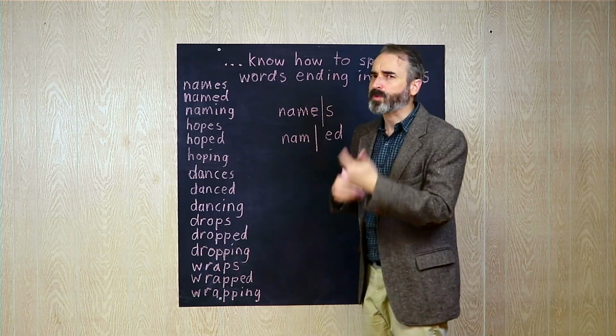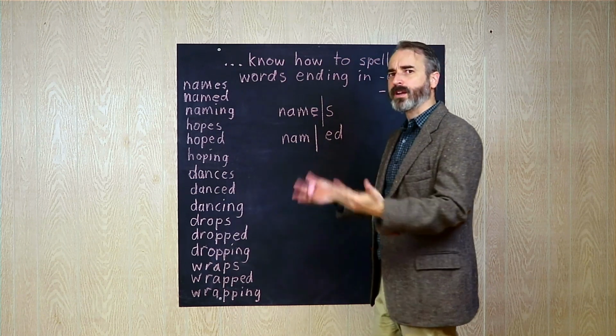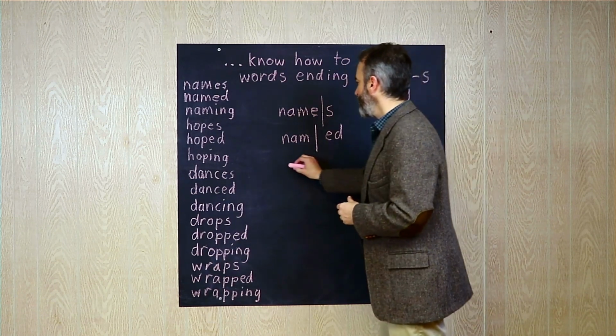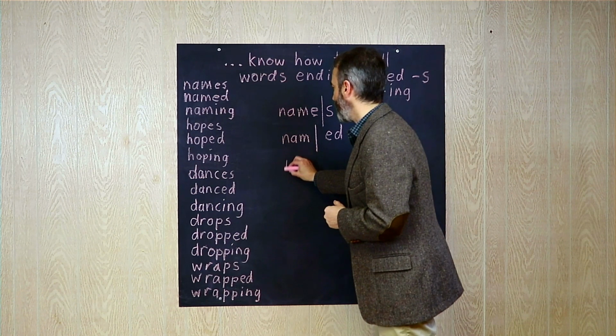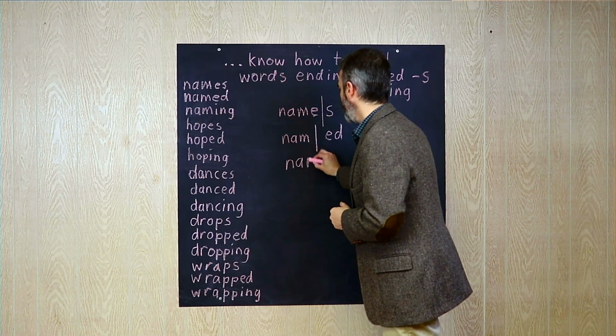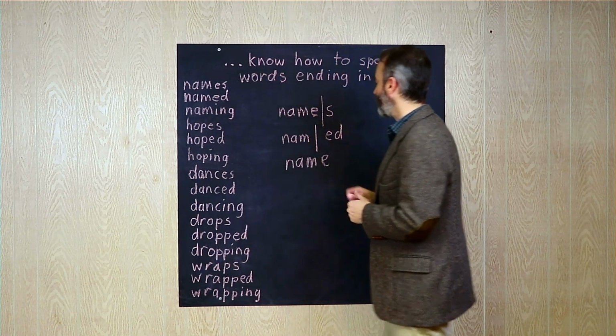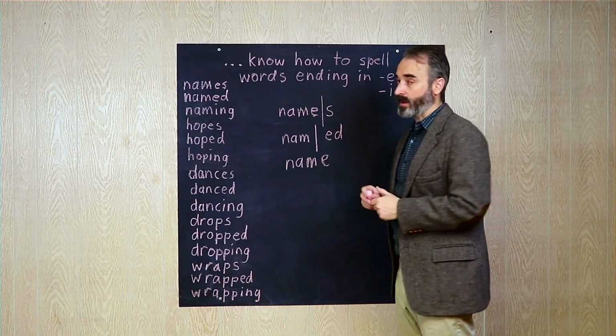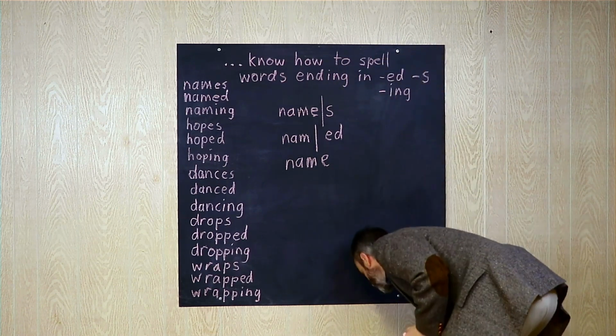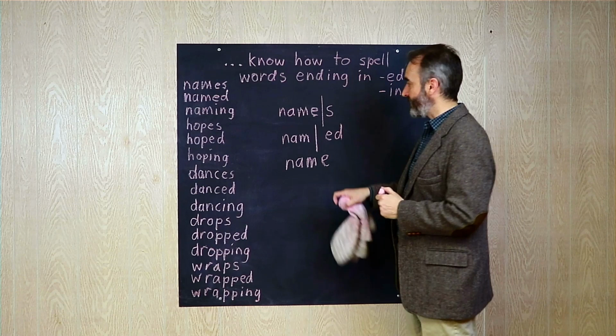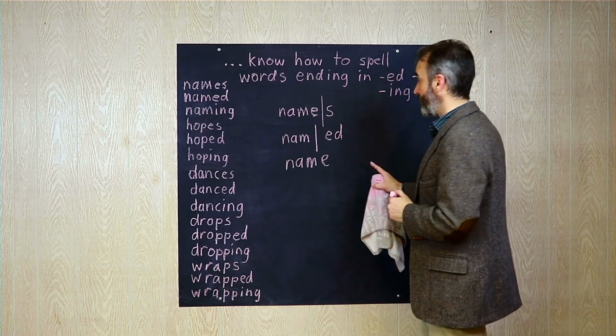Now, if I'm in the process of naming my dog, I'm trying to come up with a good name for it. You start off with the original word, name. And just like with the ed, we get rid of the e at the end, because it is a vowel. All the vowels at the end we get rid of.